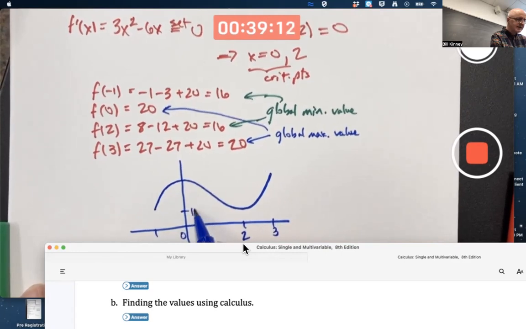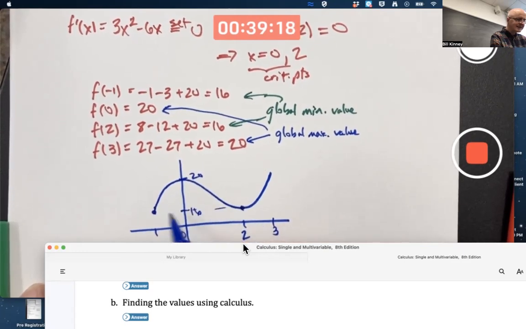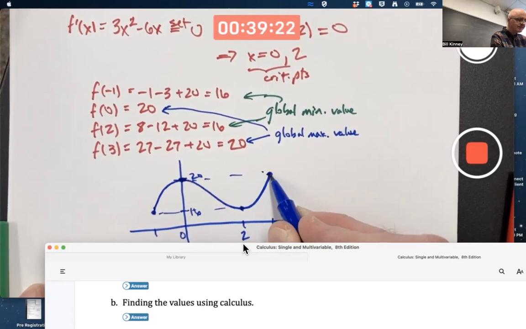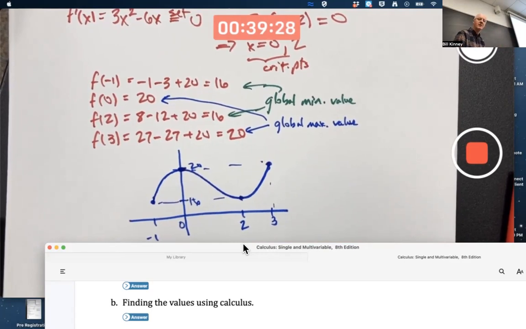This value is 16, and this value is 20. They're occurring. 16 occurs at two spots, and 20 occurs at two spots, like that. Okay, that just happened to be what the authors decided to do with this problem. Didn't have to be that way. If we use the same function in a different interval, we'd get different answers.